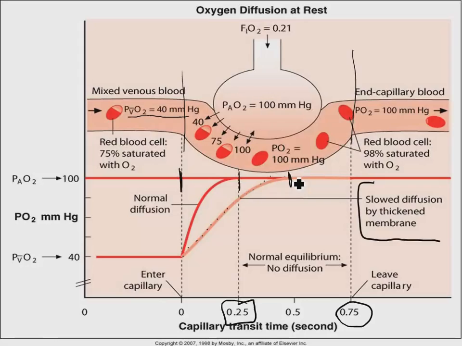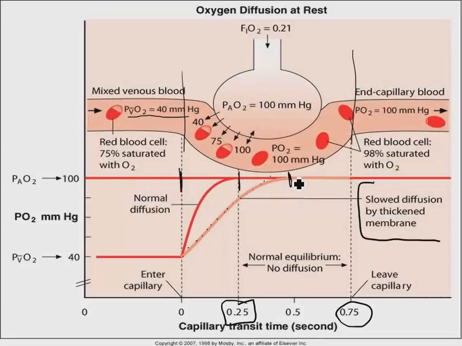So far, so good? So diffusion defects impair the ability for oxygen to move across the alveolar capillary membrane, but in most cases it's not a problem clinically because I have that extra cushion that's built in. Make sense so far?